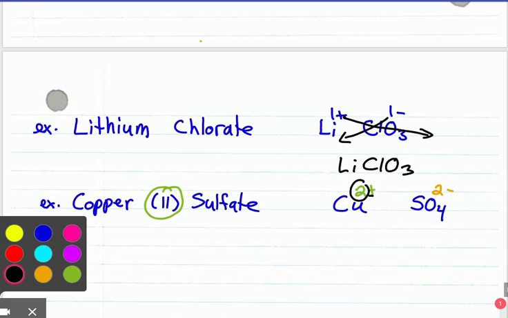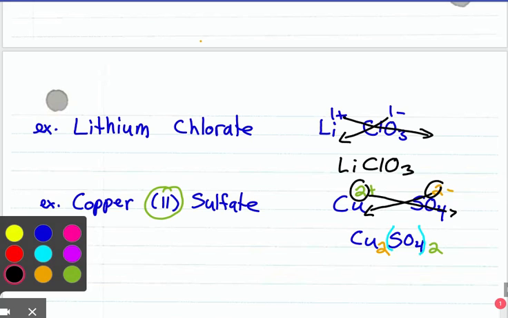So this 2 is going to cross down here, and this 2 is going to cross down here. So we end up with Cu2 SO4 2. We should have a bracket here because it's telling us that there's 2 of the entire sulfate.